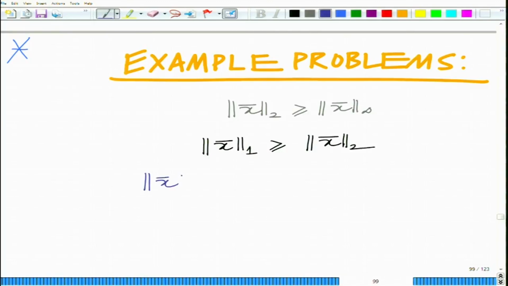If you look at the L1 norm, that is simply, for an n dimensional vector, the sum of the absolute values of the magnitudes. That is the L1 norm.